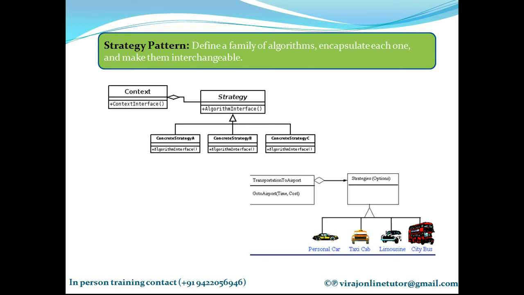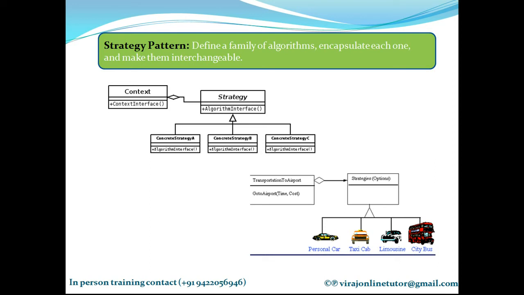So if we connect this point to this example, all these four options that will take me from home to airport have the same route requirement. All these options are taking me from home to airport.